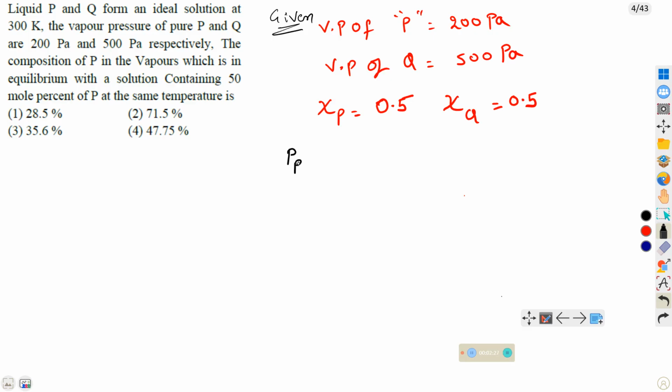Partial pressure of P is equal to total pressure into mole fraction of P. According to Dalton's law, partial pressure is equal to total pressure into mole fraction.